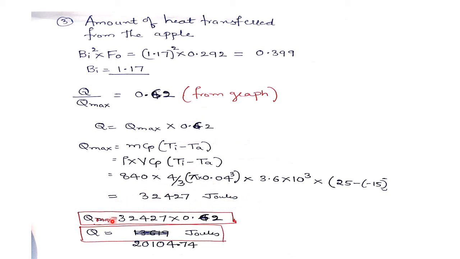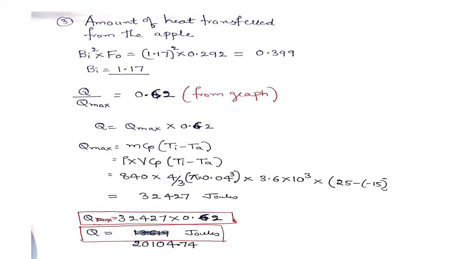Now Q is equal to Q maximum into 0.62. Multiplying this Q maximum by 0.62, I get the value of Q as 20,104.74 joules. Now, how did I get this value from the graph?